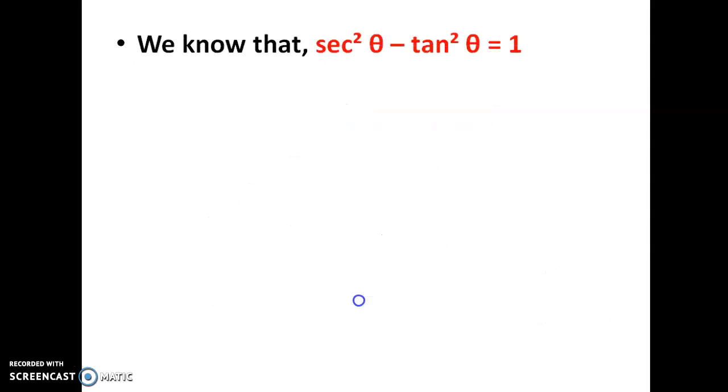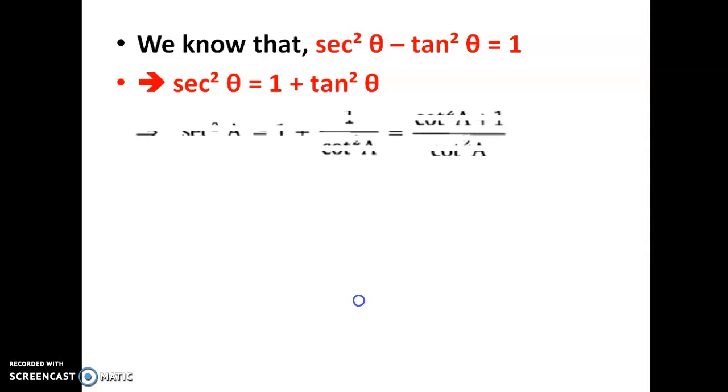Then in the same problem, we should find out secant A. So this identity we are choosing, that is secant square theta minus tan square theta equal to 1. So secant square theta equal to 1 plus tan square theta. You can write tan in terms of cot.